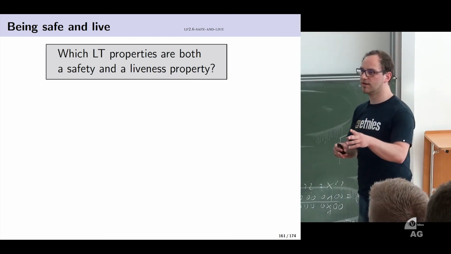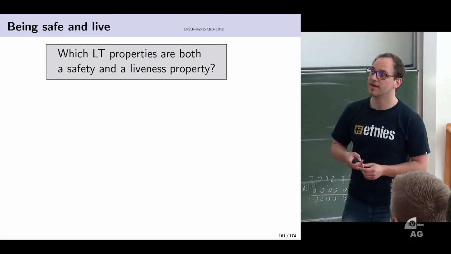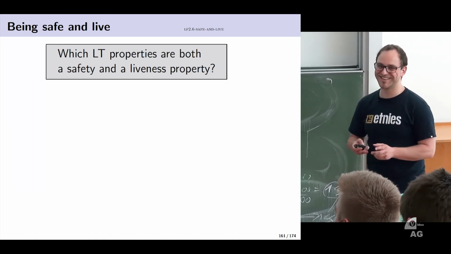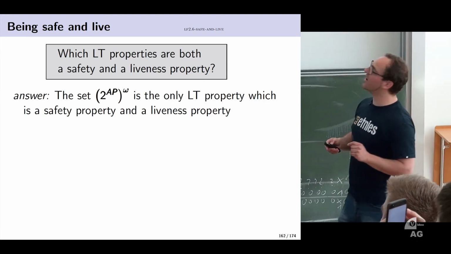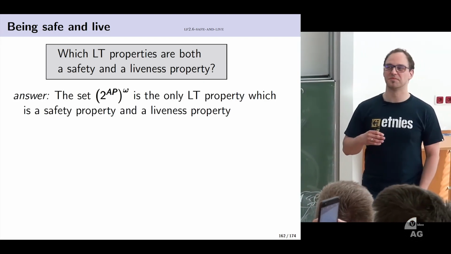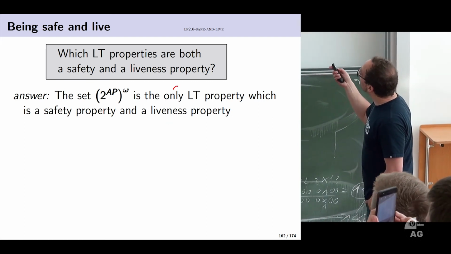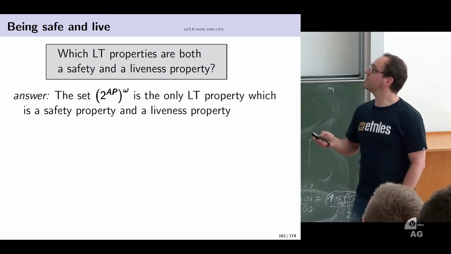I see a shaking head here. Okay. As it turns out, yes, there is. Sorry, but it's just one. It's really just one, and it's the set of all words. It's the only linear time property that is both safe and live.